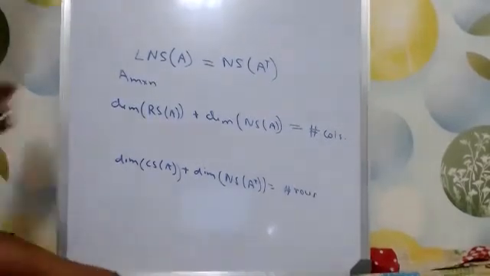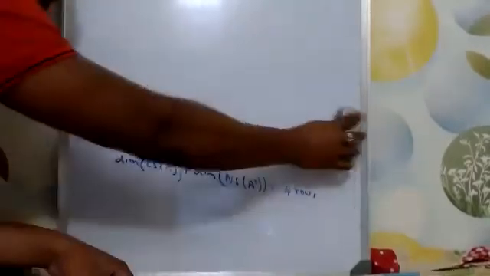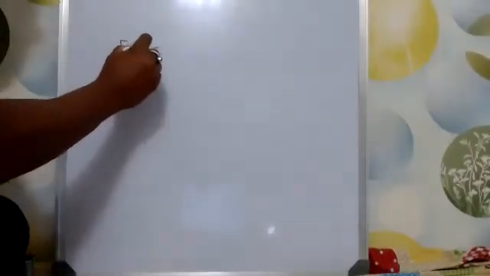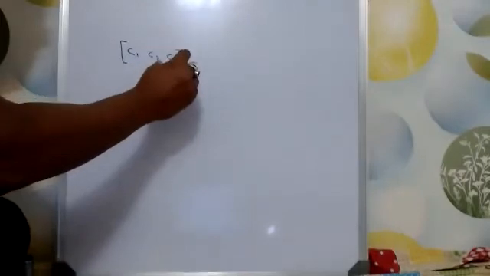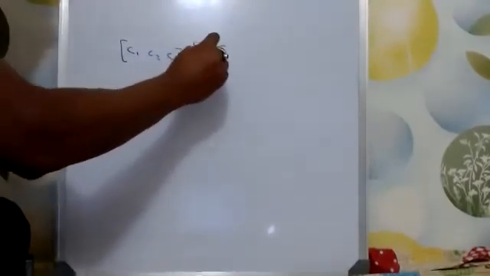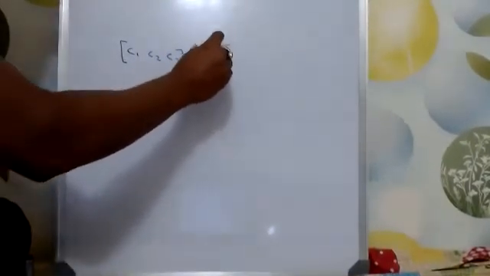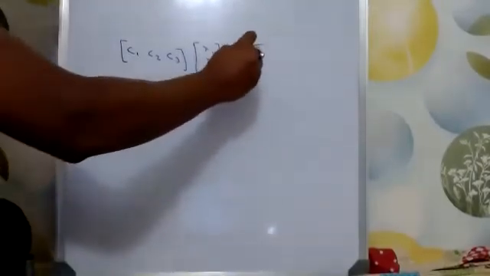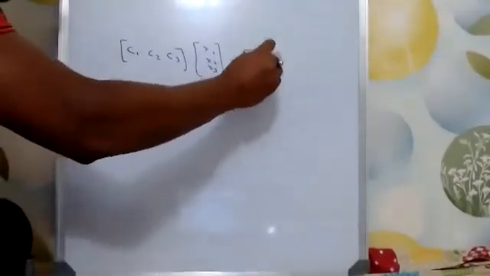So you remember, right? C1, C2, C3 times x1, x2, x3 is equal to 0, 0, 0.